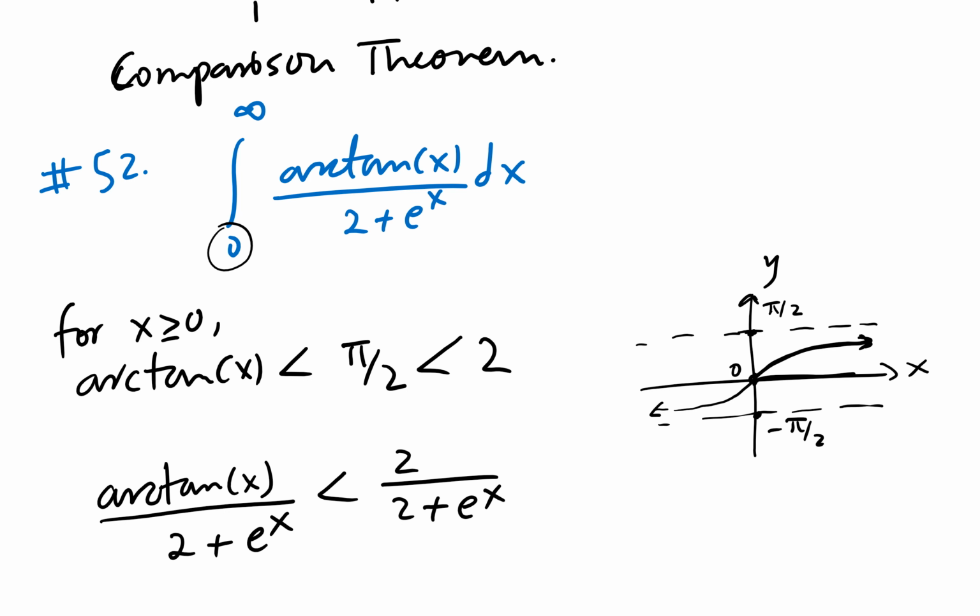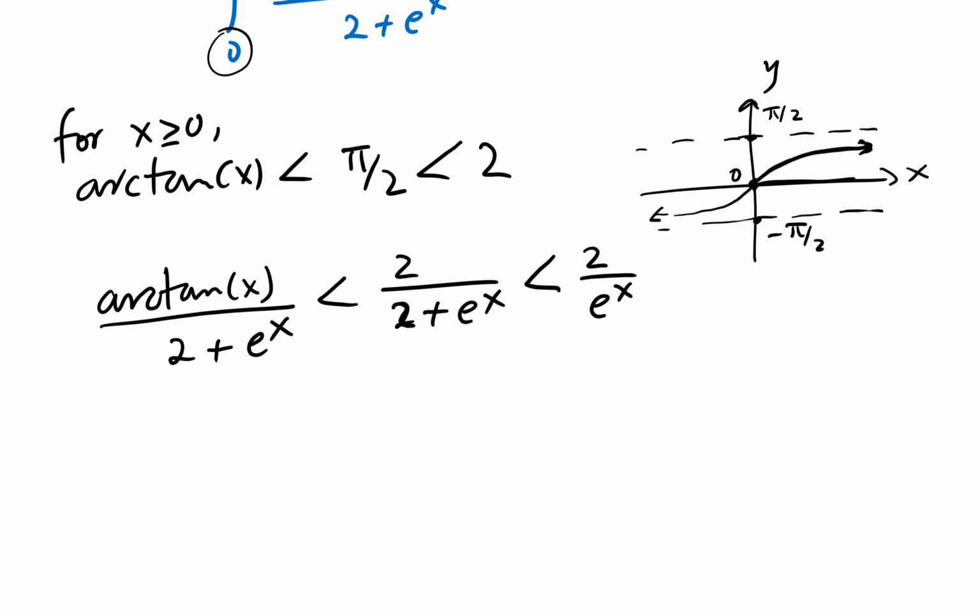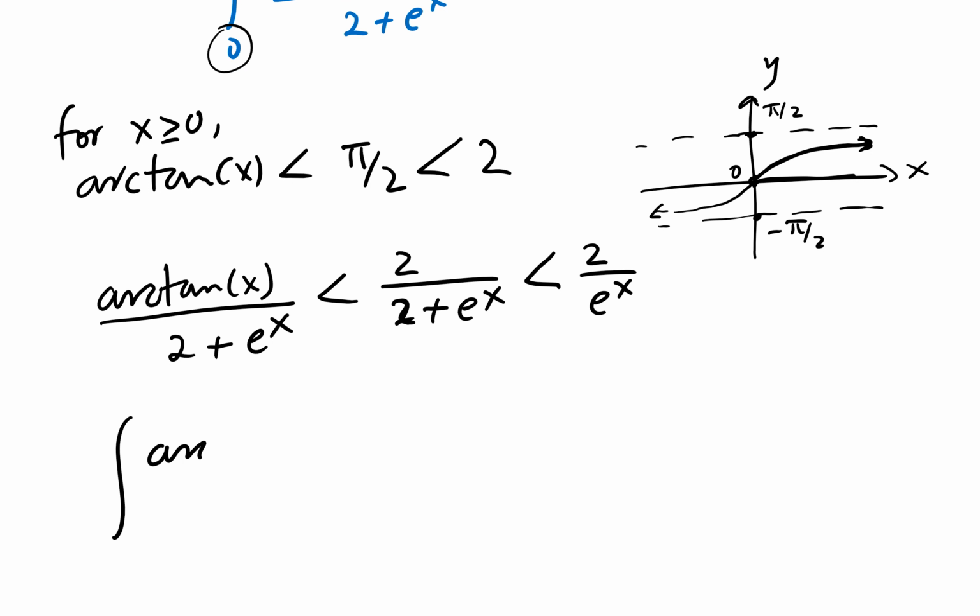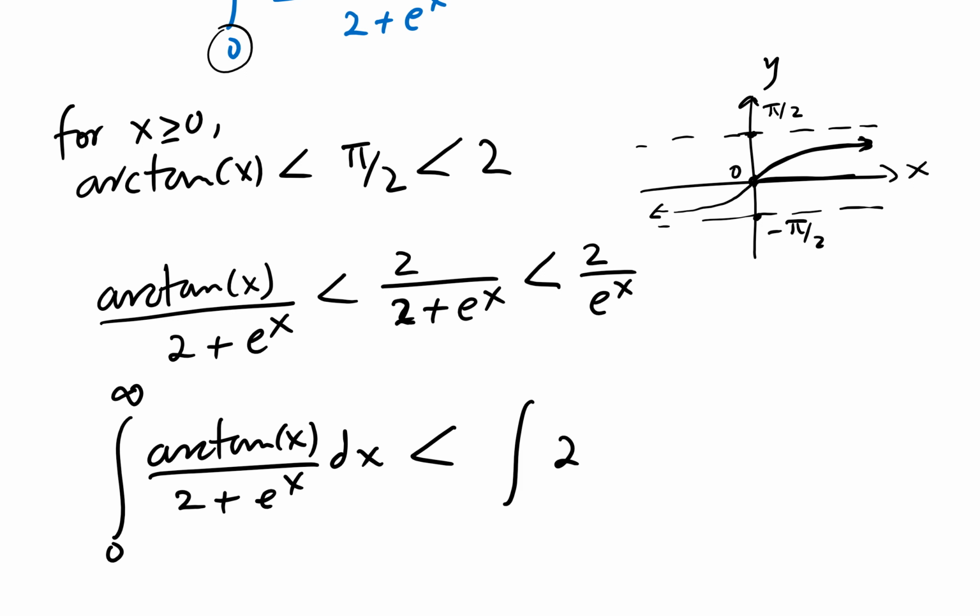Then you can say the larger the denominator, the smaller the fraction, so you can rewrite it like that. It's less than this. Why did I do this? Because now when I integrate both sides of the arctangent over 2 plus e to the x dx from 0 to infinity, it's less than the integral of 2e to the negative x dx from 0 to infinity.